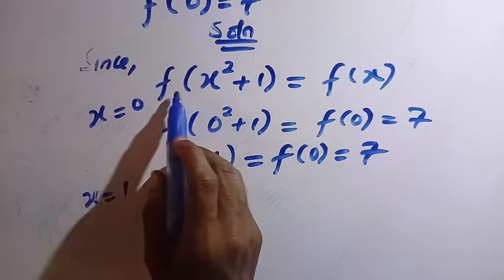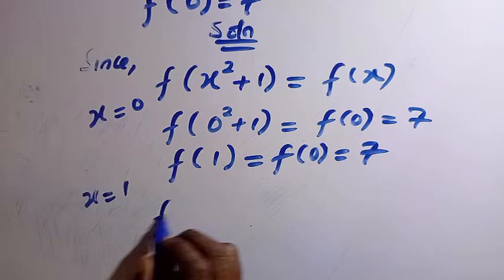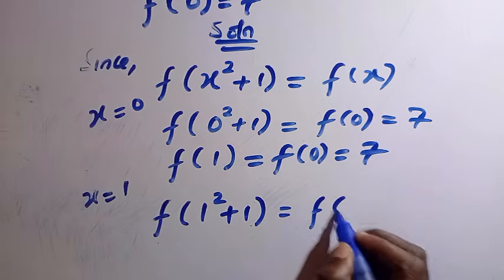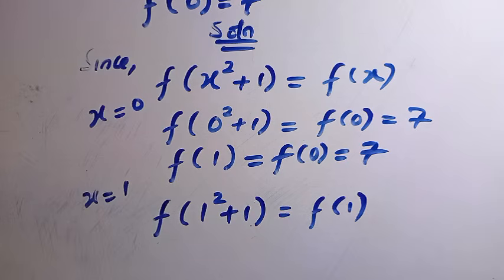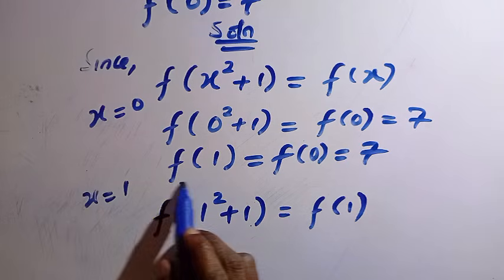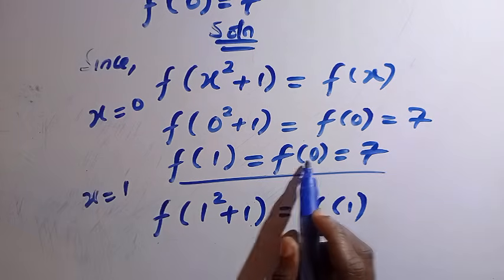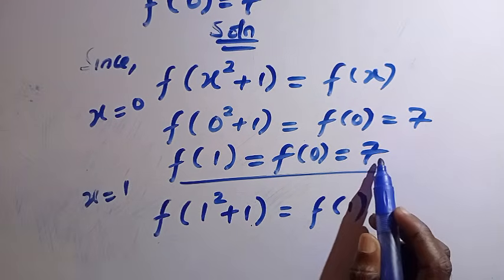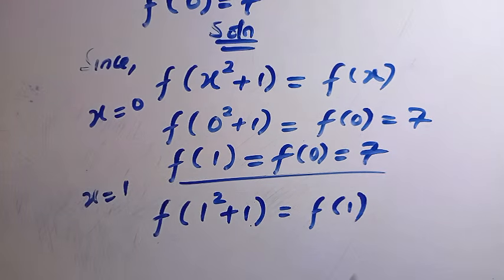If x equals 1, let's substitute here. We have f of 1 squared plus 1 equals f of x, which is f of 1. But from here, f of 1 equals f of 0, both of them are the same value of 7, so this also equals 7.